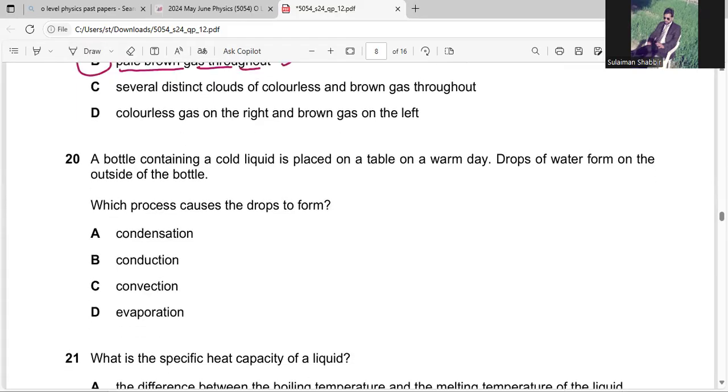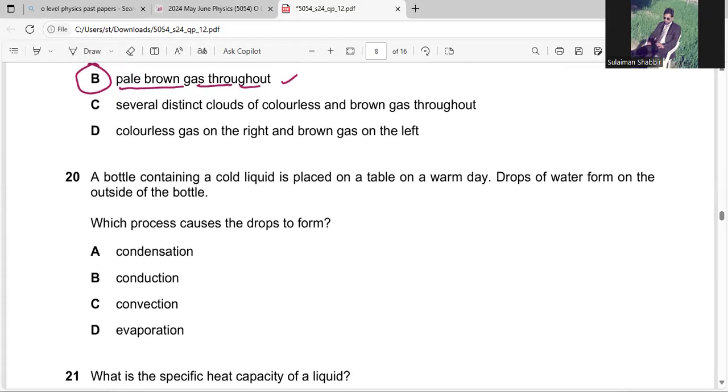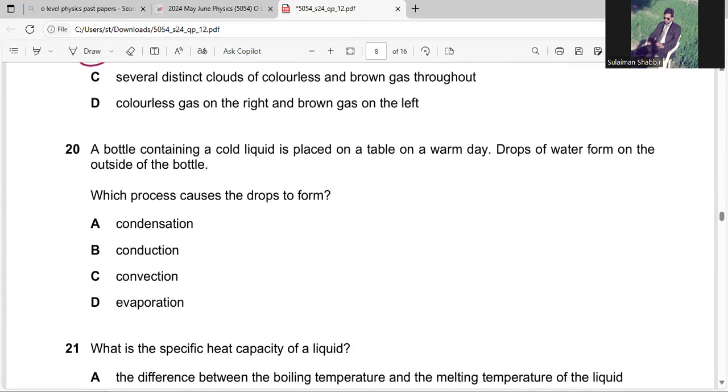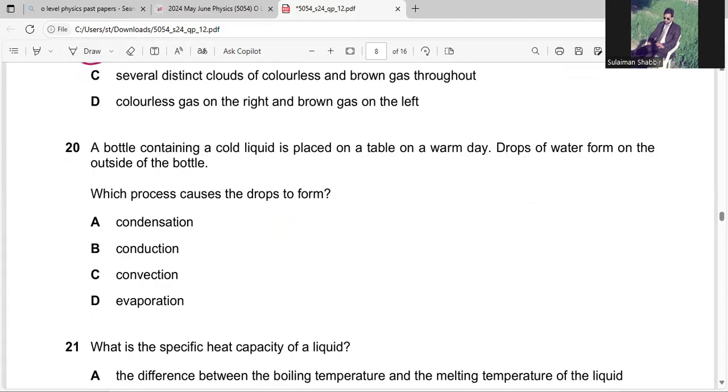A bottle containing a cold liquid is placed on a table on a warm day. Drops of water form on the outside of the bottle. Which process causes the drops to form? Condensation, conduction, convection, evaporation. So option A is right.